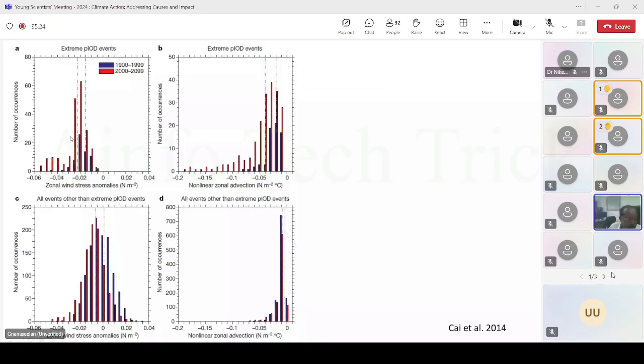So the extreme or strong IOD events, which are projected to increase with climate change, are going to induce large changes, and similarly you can see similar changes in the westward ocean heat transport and also the rainfall pattern. This is the present day control simulation.